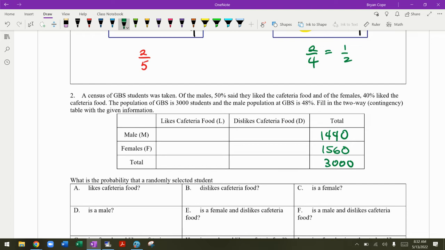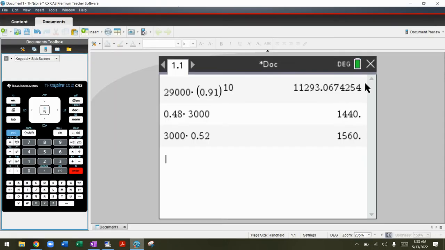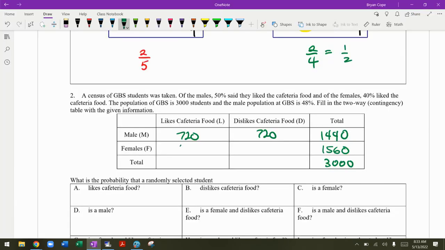Okay, so now it says of the males, so of the 1,440, half of them like the food. So that's 720, which means half of them don't like the food. And then of the females, 40% liked the food. So 1,560 times 40% gives me 624. And then the other set, which would be 60% of that.